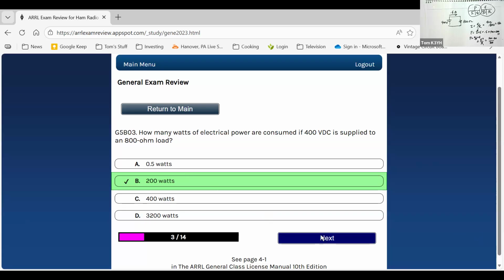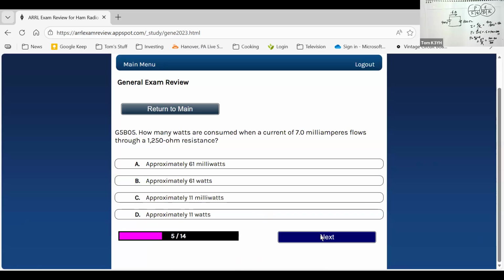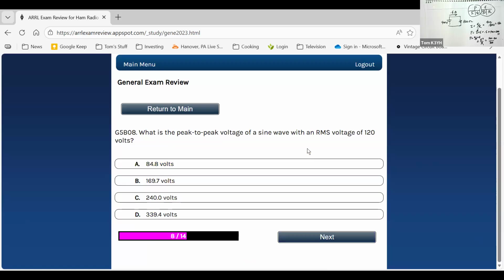So I'm going to B8. Okay, so what is the peak-to-peak voltage of a sine wave? Oh, this is even easier. I thought this was a power question. Well, it sort of is because you're going to need it.